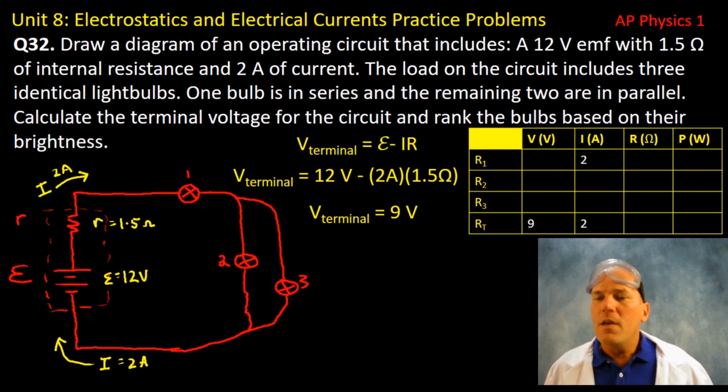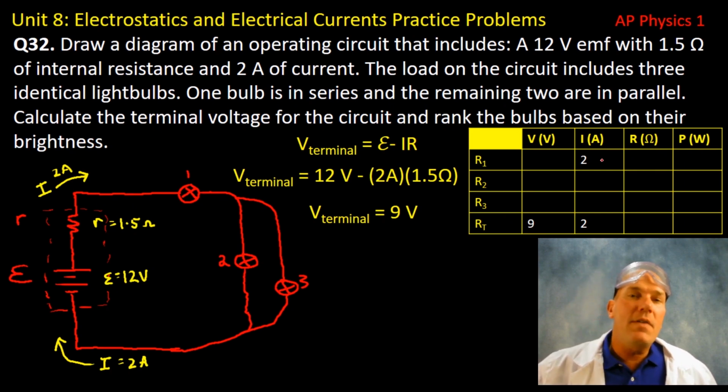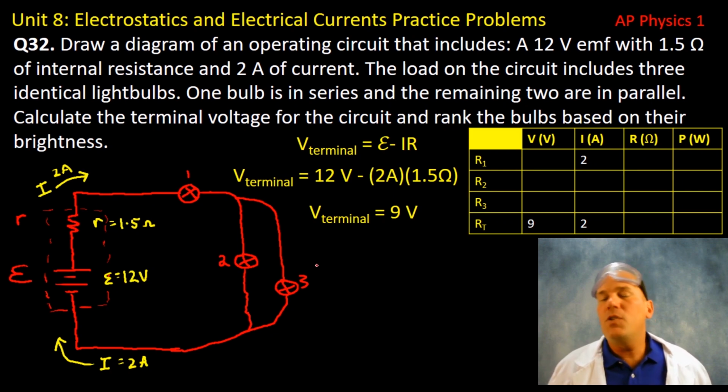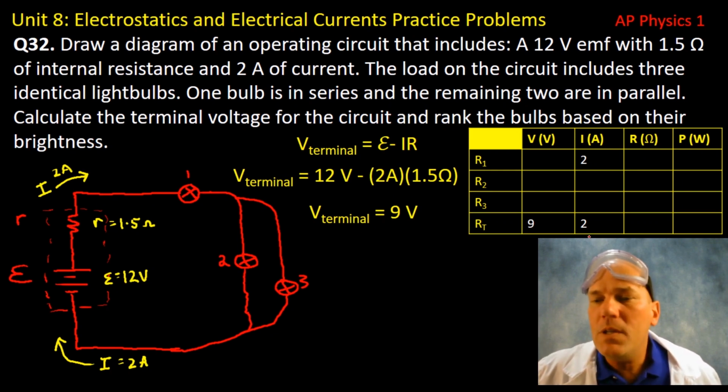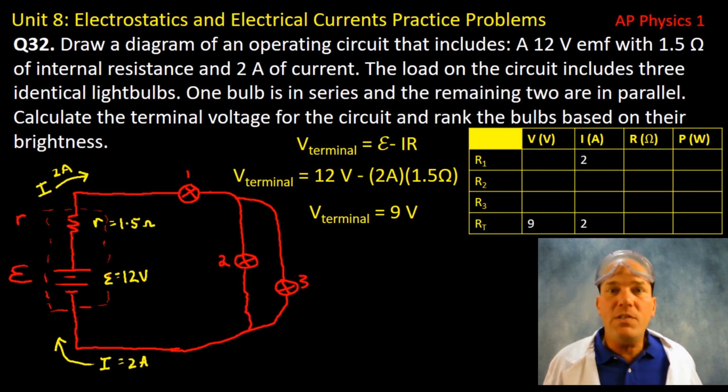So now we have the total voltage that's going to be pushing through these bulbs, the total potential difference of 9 volts. We have our current to be 2 amps. Now we know the total current is 2 amps, and you're going to treat these like resistors, guys.